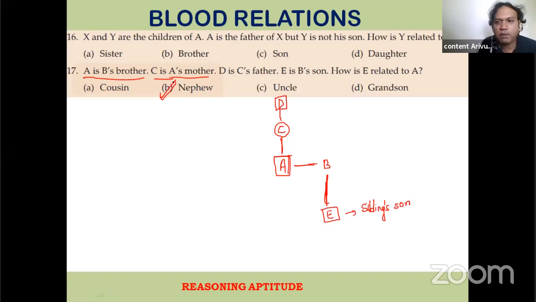So the answer will be B. So in this particular question, actually, we don't need anything about C and D here. Without that also, we can solve this question, just from the first statement and this statement. These two statements are sufficient for us to solve the question.